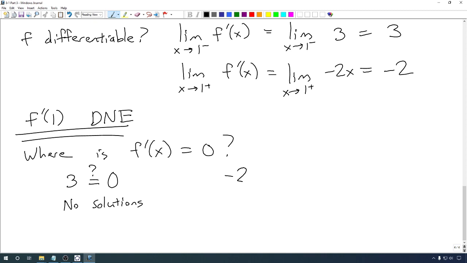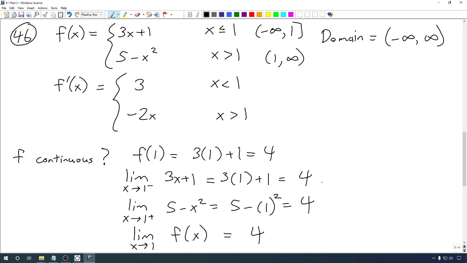On the other hand, we have the piece where our derivative equals negative 2x. Is negative 2x equal to 0 ever? Well, if x equals 0, so it looks like maybe we have another critical point at x equals 0. The problem here is, when x equals 0, we're following the 3x plus 1 piece, because 0 is less than or equal to 1.